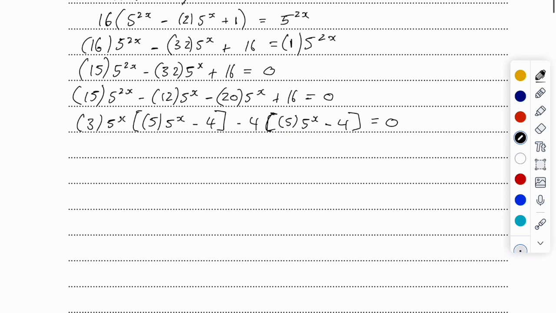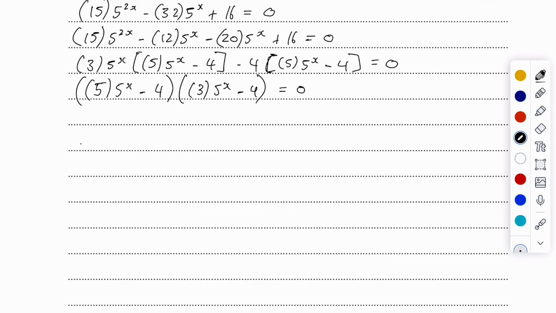So we can therefore say we're going to get (5 to the x minus 4) times (3 times 5 to the x minus 4) equals 0.